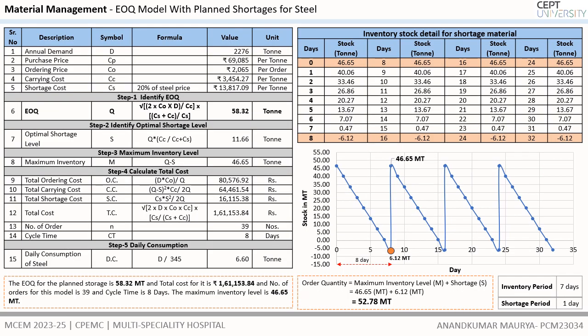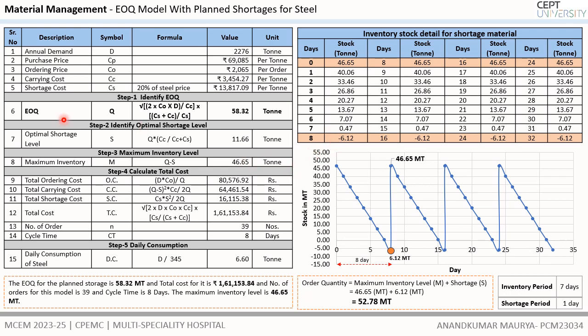Here is the second model of the EOQ, which is the plant shortage model. Here we can plan the reordering quantity and the quantity of the order which should be ordered for the optimal management of the reinforcement material, based on the feasible shortage of the material in number of days.